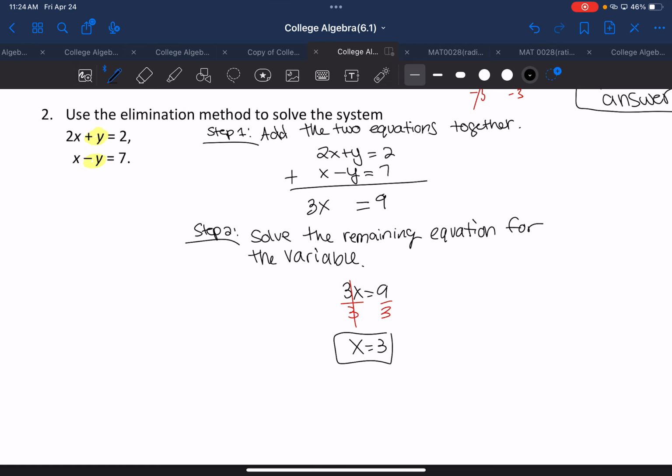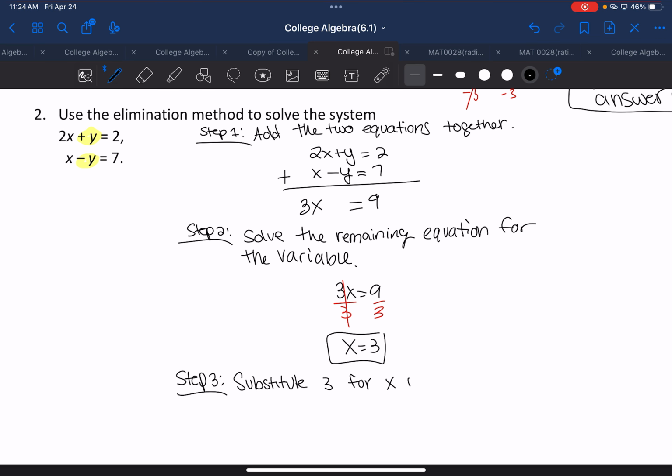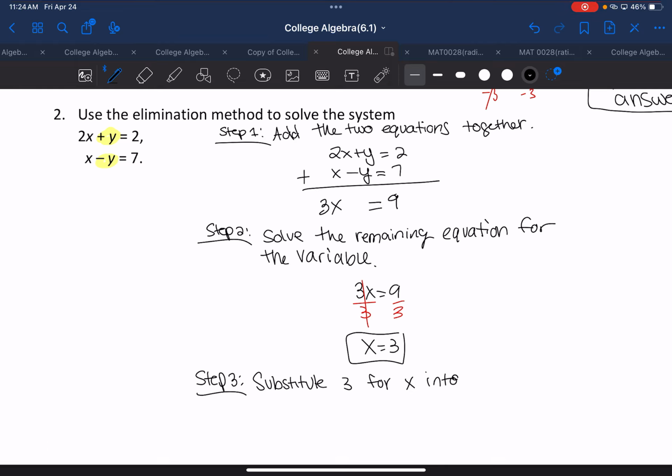And then step 3 will be similar to what we just did in the other technique. I have a value for x now. I can plug it back in to one of the originals and get the value for y. So substitute 3 for x into one of the original equations.